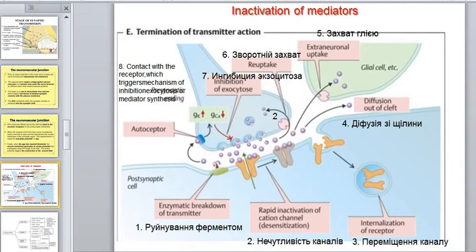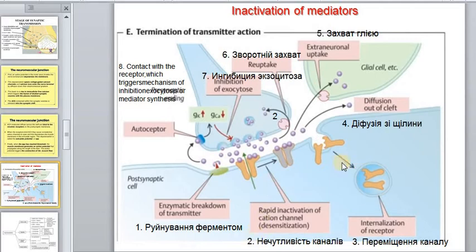After work, this molecule of neurotransmitter should be inactivated. In what ways can we do this? At first, the enzymatic breakdown of the transmitter. The second, receptor inactivation of the cation channel.